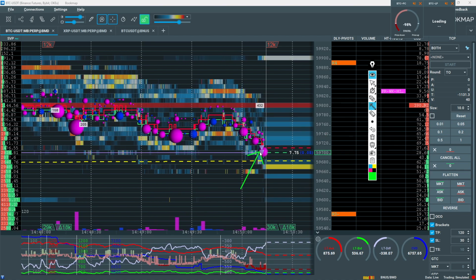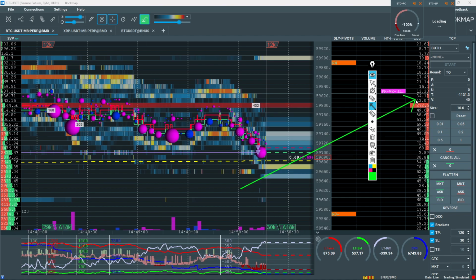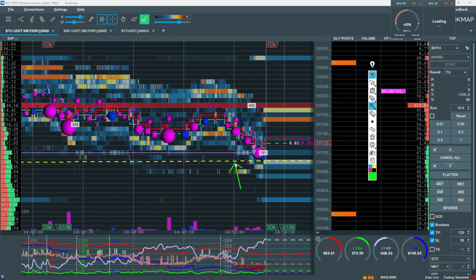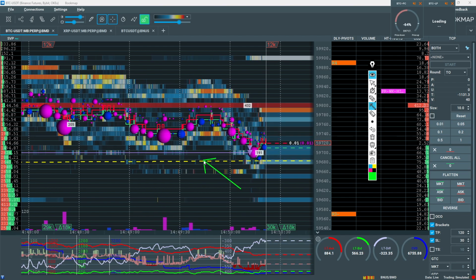So they stopped me out. So that was a break-even trade there. I had a prior loss, so it's a loss on the day so far. It's looking like we're gonna turn around here.